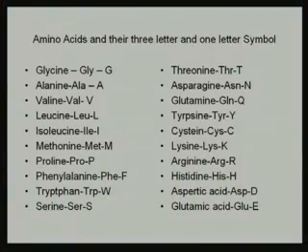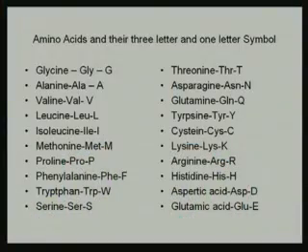Now these amino acids play a very important role as far as the mechanism and cell functionality are concerned, and that is the reason these amino acids have been symbolized with either a 3-letter or a 1-letter symbol.